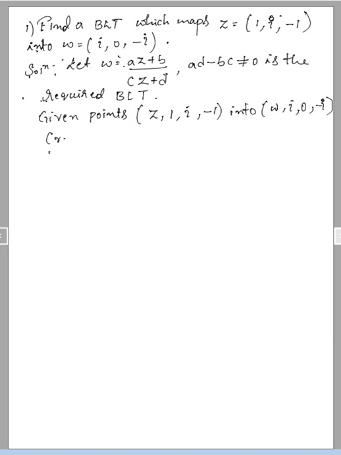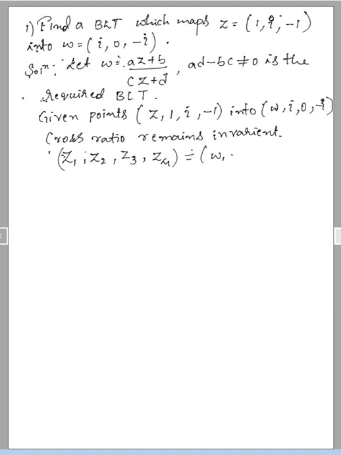Now we know the theorem called cross ratio: cross ratio remains invariant. So knowing this definition, Z1, Z2, Z3, Z4 will be equivalent to W1, W2, W3, W4.